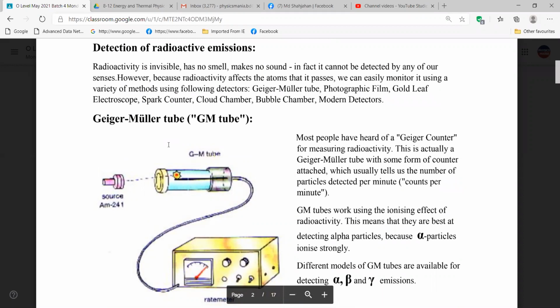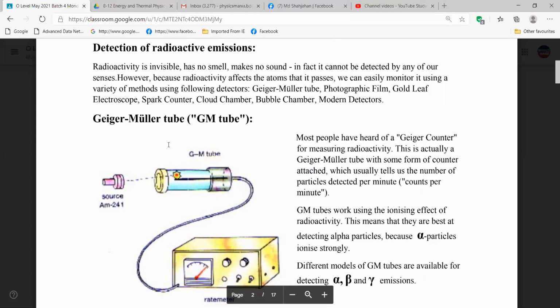Radioactive emissions means alpha, beta, gamma, and they don't have any color, no smell, no sound. So your nose, your eyes, your ears cannot detect it.